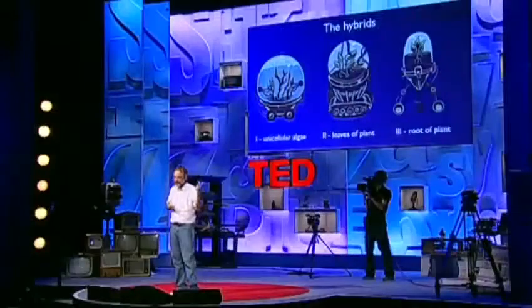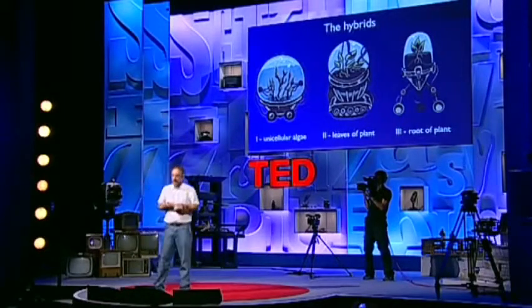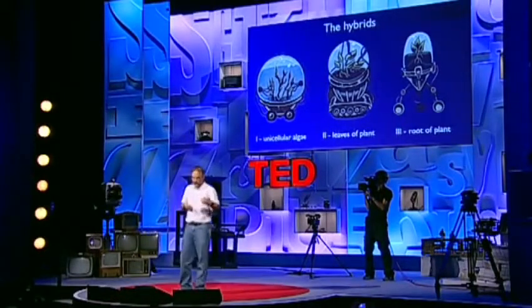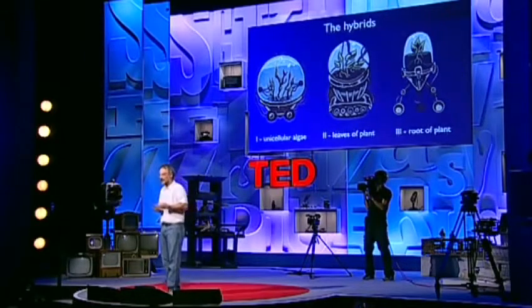The connection with the machine is much easier, much more even ethically possible. And these are three possibilities that we are working on to build hybrids driven by algae or by the leaves, and at the end, by the most powerful part of the plants, by the roots.